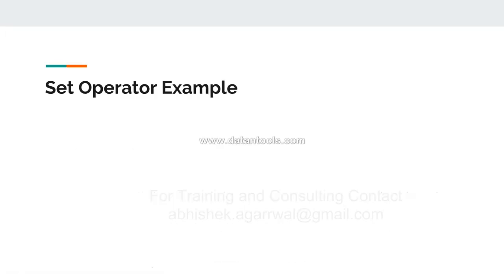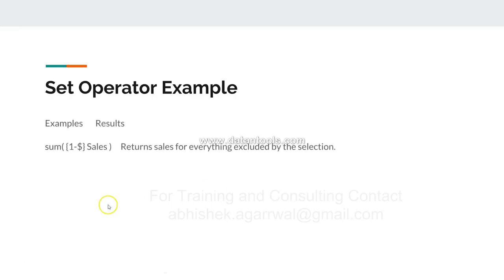So let's see the examples. The first example is 1 minus $, and then sum of sales. It returns the sales for everything excluded by the selection. If you have followed my previous videos, you would get it very quickly, so I'm not going to explain those again, but if you have not seen that, I would suggest you see my set identifiers video, which I've already posted, and then see this.